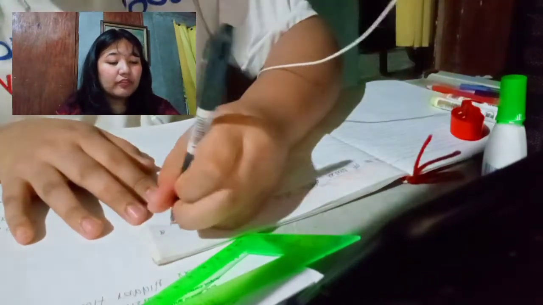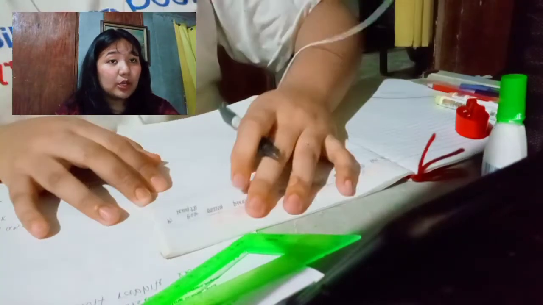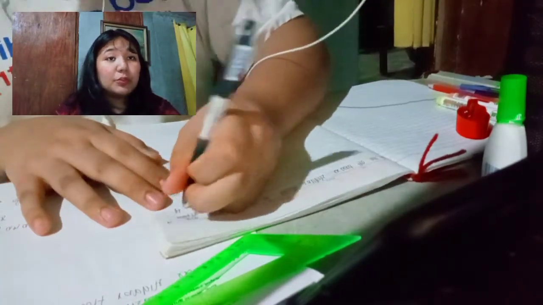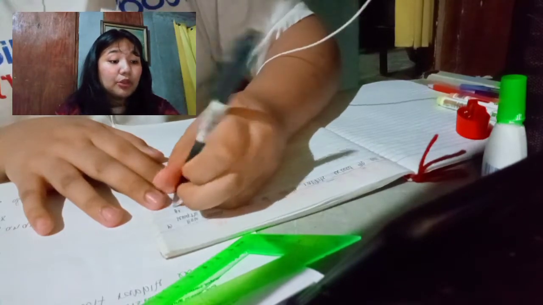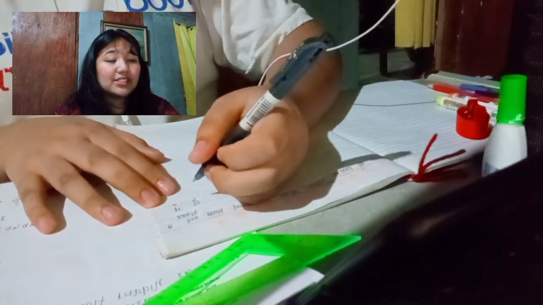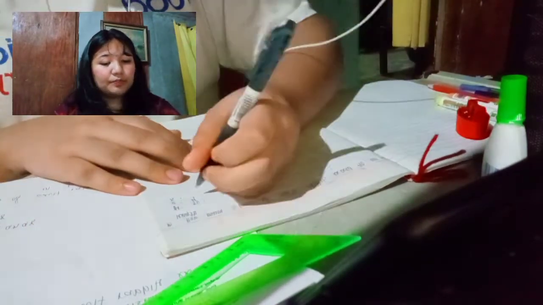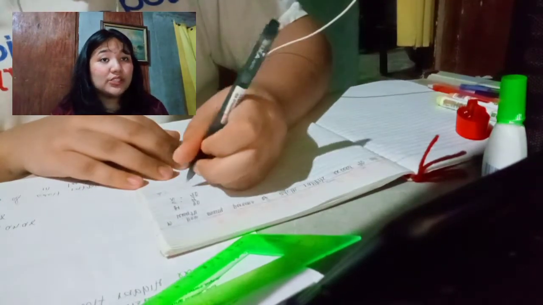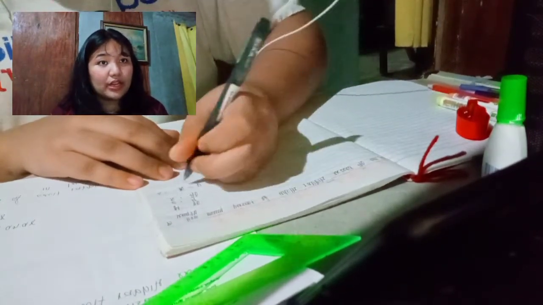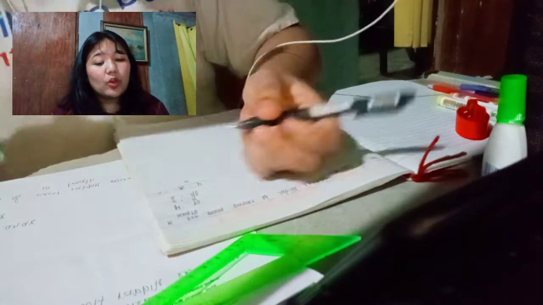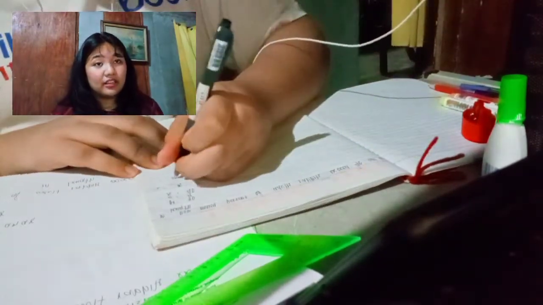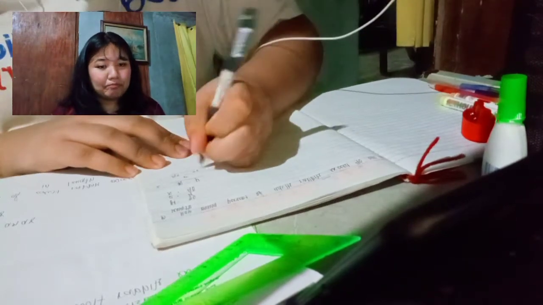So 0.1 divided by 0.2 will become 0.5. So if you look at the z-score table, 0.5 is equivalent to 0.6915. So now that we have the two z-scores, to get the final answer in the second scenario, we will subtract them.